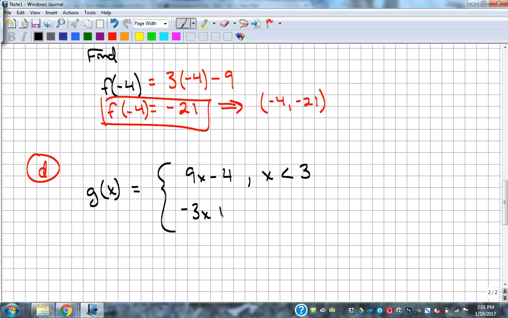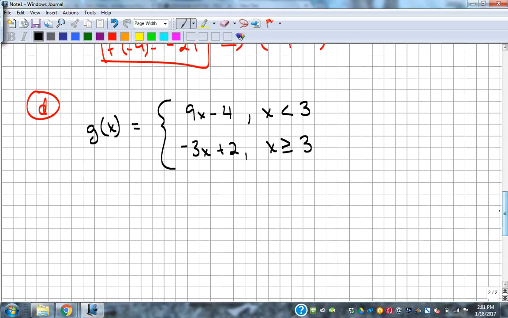And we'll just take a pretty simple one here. Let's find g of -4 for this one.